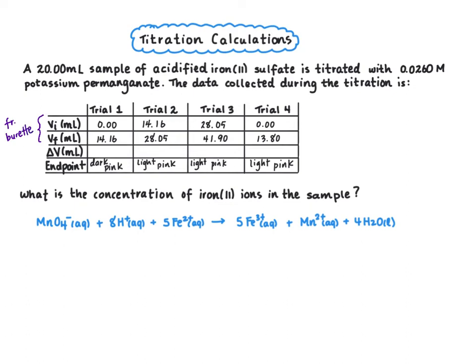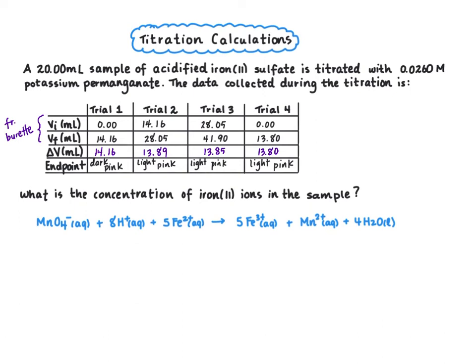So 14.16 minus 0.00 is 14.16. 28.05 minus 14.16 is 13.89. 41.9 minus 28.05 is 13.85. And 13.8 minus 0 is 13.8.